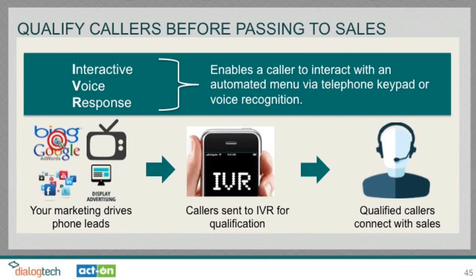So, for example, if you call a company and they say press 1 to speak to sales, press 2 for support, press 3 to speak to HR, whatever it is. It's a way to help filter out the sales calls from the non-sales calls, so marketing can be sending more sales-ready calls to their sales agent.